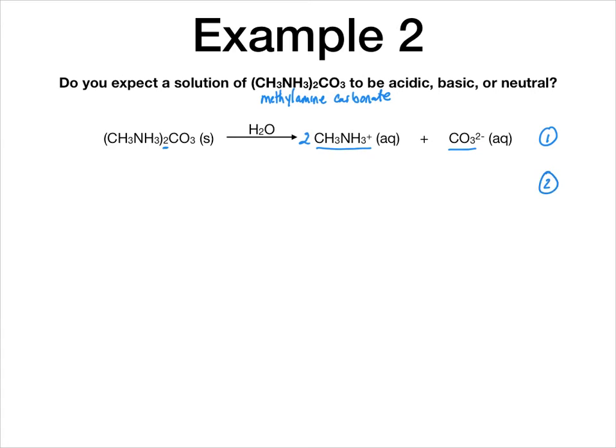So, our second step is investigating how the cation reacts with water. And so I have methylamine plus water. And this is a weak acid. And so water is acting as the base, taking that proton, forming an equilibrium.